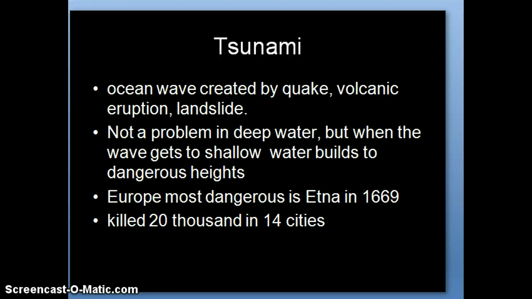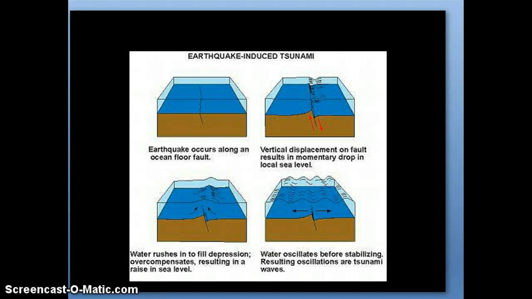And the interesting thing is, out in deep water, people sometimes don't even know that they're experiencing a tsunami. They call them tidal waves, but that's a misnomer, because out to sea, you're not going to notice the impact of that wave until it hits land, and we'll talk a little bit more about that when we get to ocean processes.